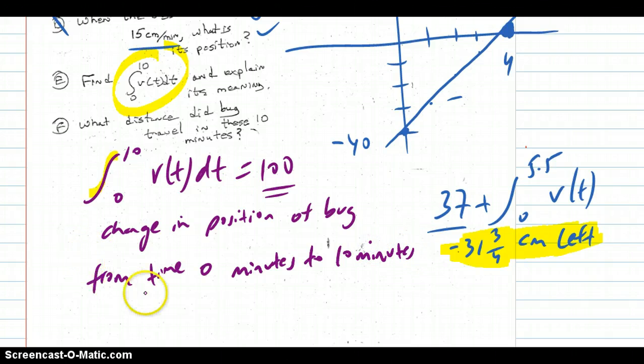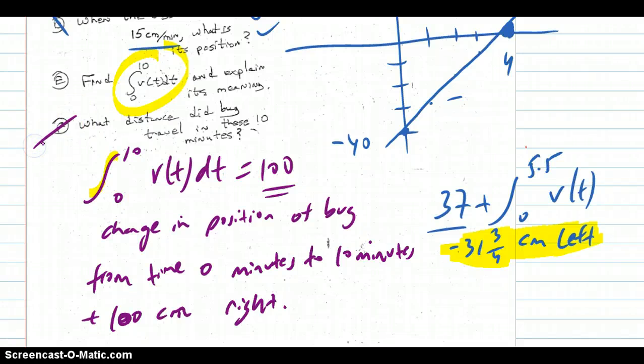The change in position is 100 centimeters, a positive 100 centimeters, so 100 centimeters to the right. So basically, during the first 10 minutes I'm looking at it, the bug moves 100 centimeters to the right. Okay, we got all fancy with it, but that's basically it.